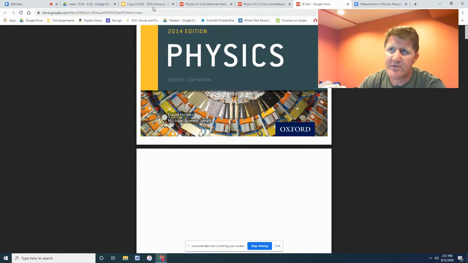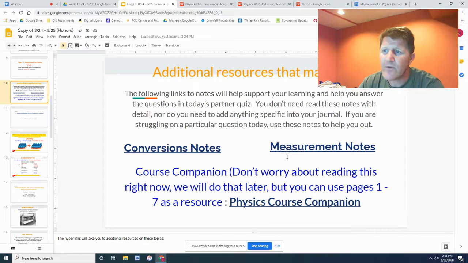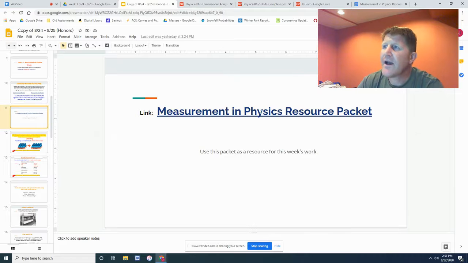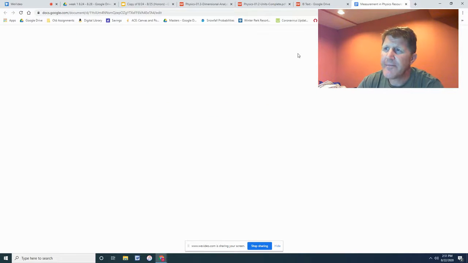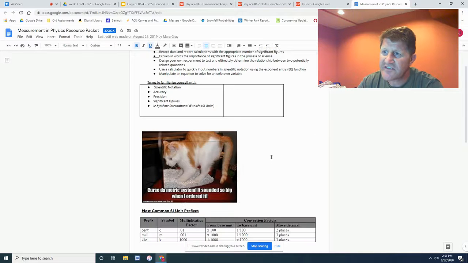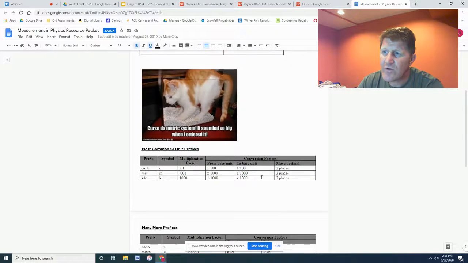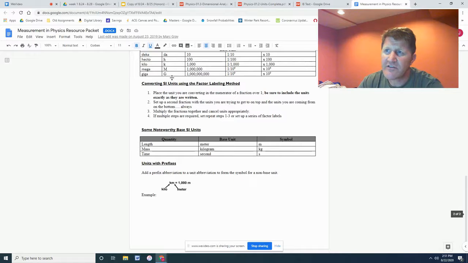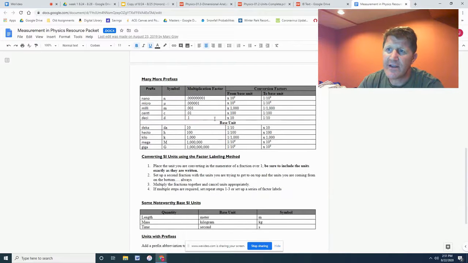But again, you don't need to go to those right now. Then there's one other resource on this next slide. And if you click on that, it will take you here. And you are going to need to refer to this slide when you are making your metric conversions, because you're going to need this right here.